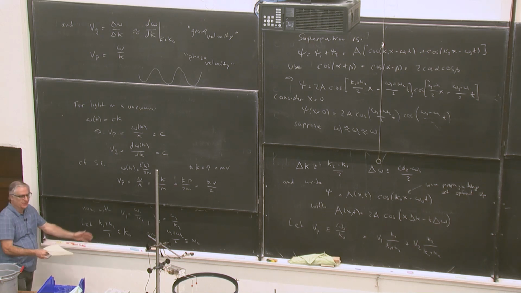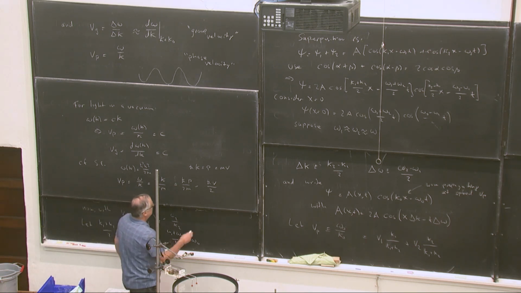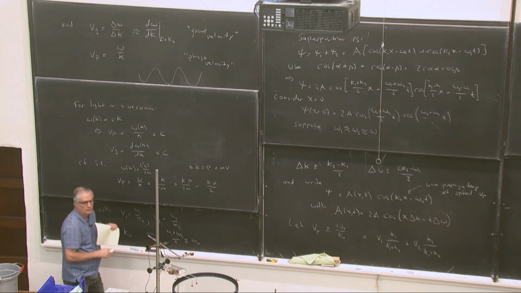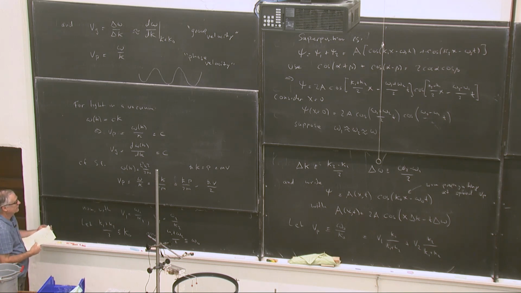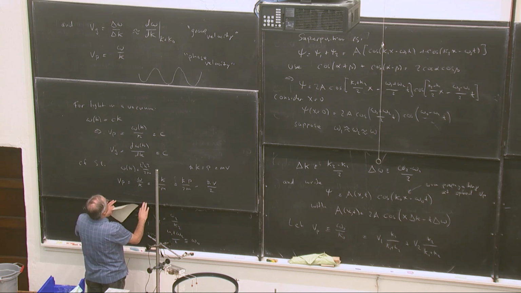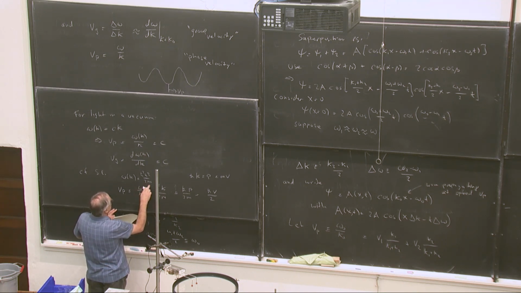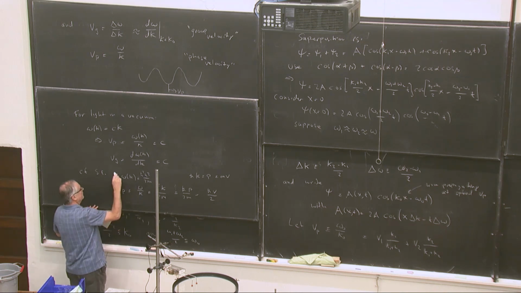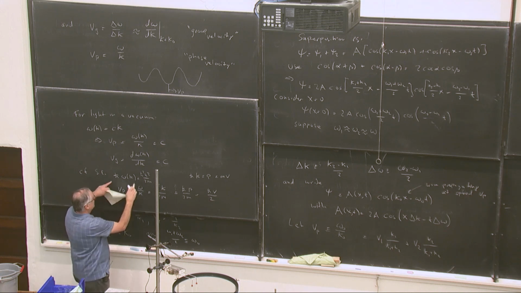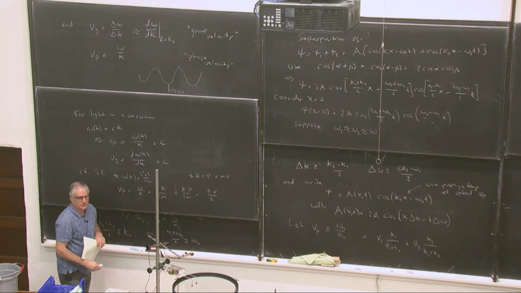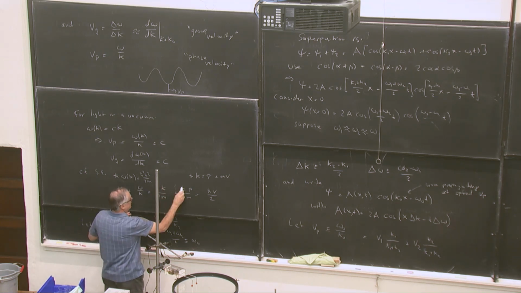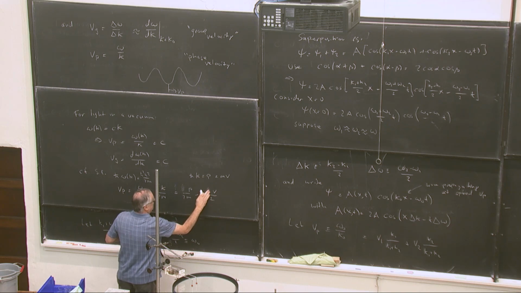H bar is always a 1 for me, so I never know how to put it in. But basically, you get v phase is v over 2. I'll figure it out. It's because h bar omega is this. Now I've got it. I've got an energy equaling an energy, so I got the units right. So I get to divide out one of these h bars, and I get v over 2.